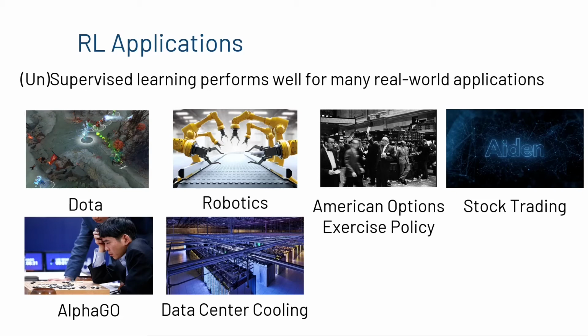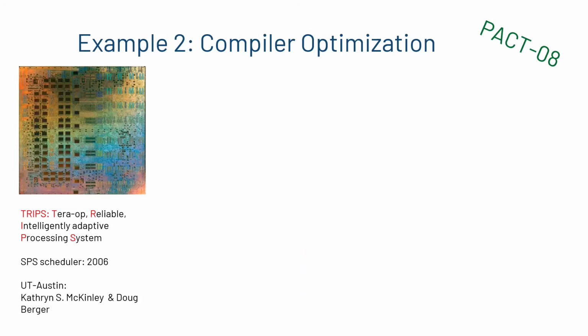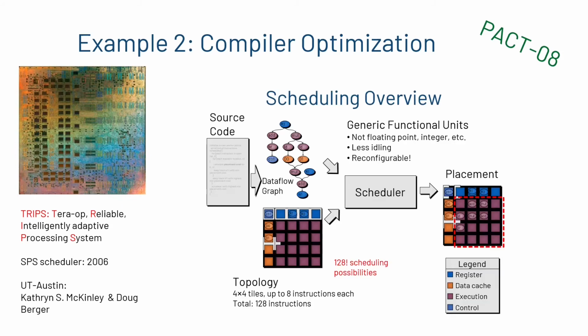So there was this TRIPS project, which was a novel architecture, and there was a scheduler built. You would go from the source code into a data flow graph, and then given the data flow graph and the topology, you'd have to come up with a schedule.